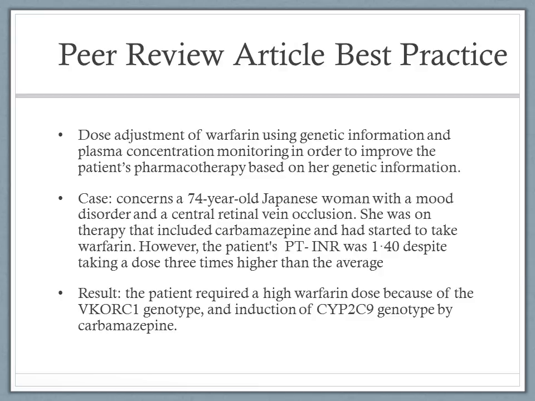The result shows that the patient's genetics influenced the effectiveness of warfarin. The patient required a high warfarin dose because of the VKORC1 genotype and induction of CYP2C9 genotype by carbamazepine. I think genetics is very interesting, and in this case it influences the effectiveness of warfarin.